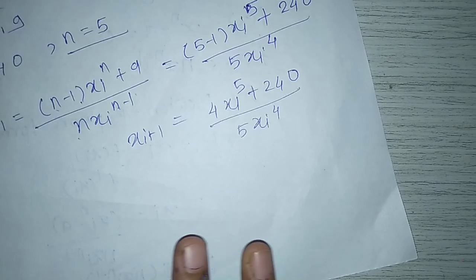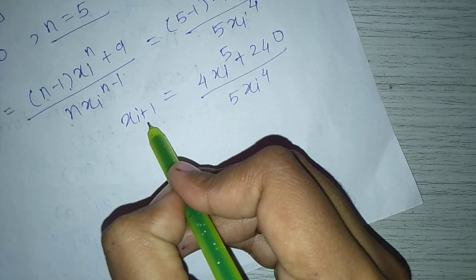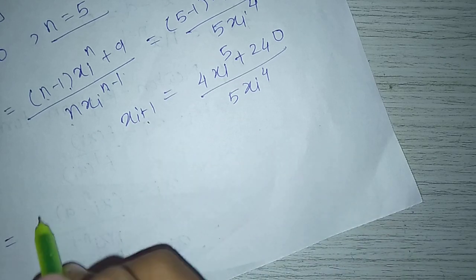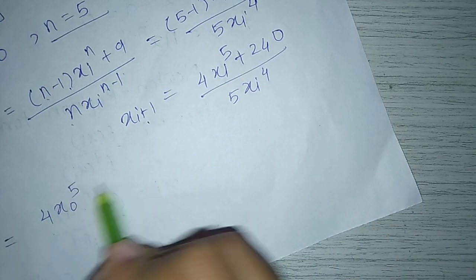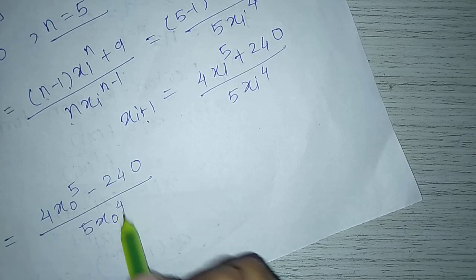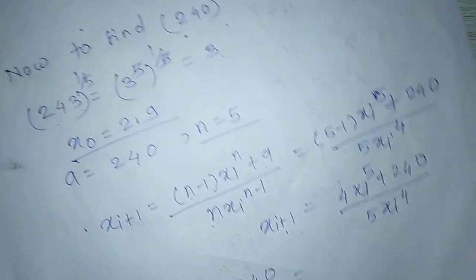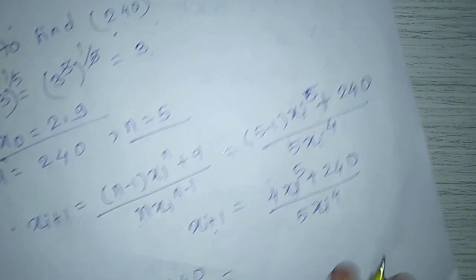Now to find the first root x1, put i equal to 0. We get x1 equal to (4 x0^5 minus 240) upon 5 x0^4, and here we choose x0 equal to 2.9.